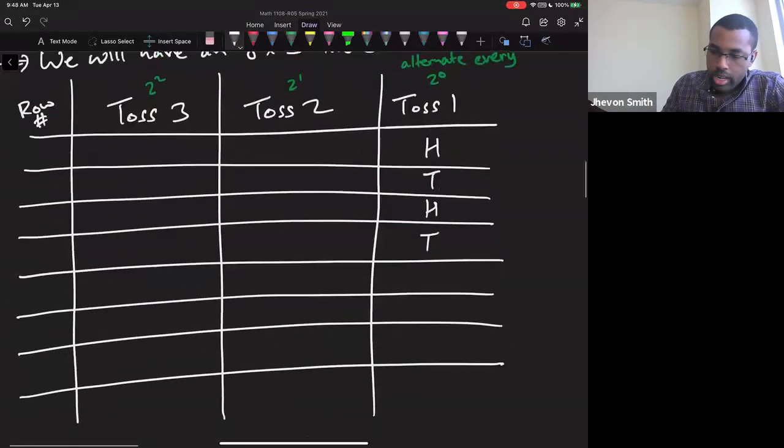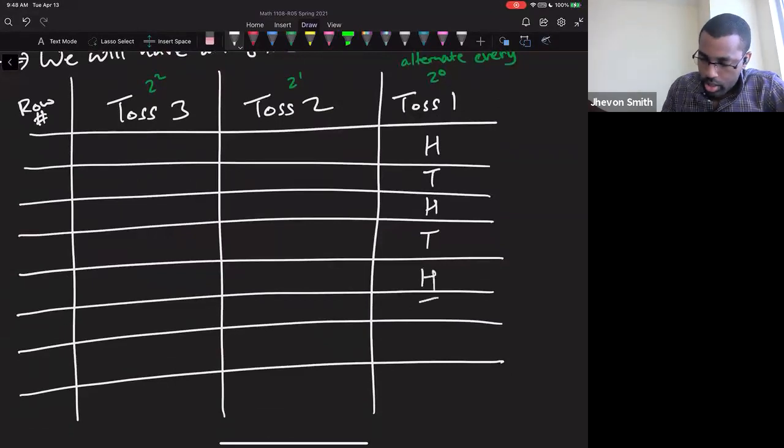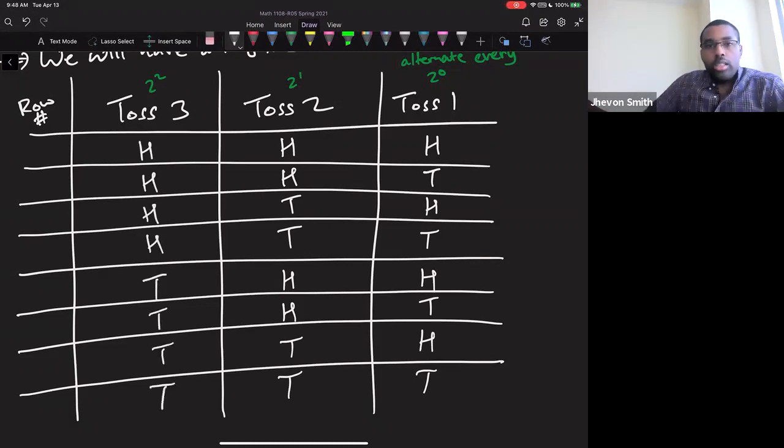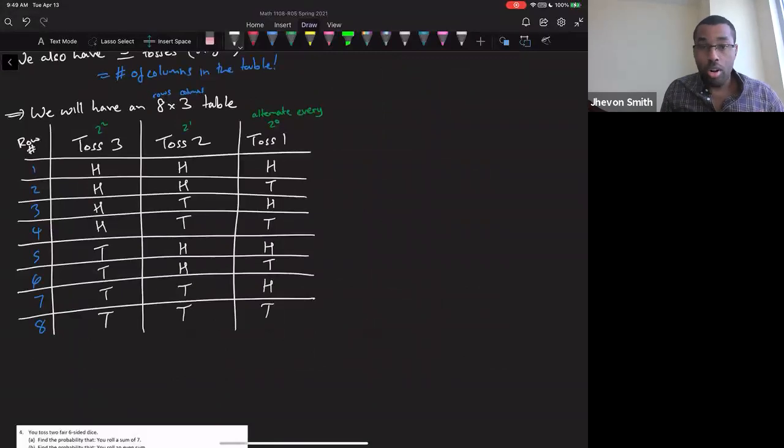So we alternate every 1 over here, H, T, H, T. You alternate every 2 over here, H, H, T, T, H, H, T. Alternate every 4 over here, H, T, until you exhaust all rows. So this is going to be row 1, 2, 3, 4, 5, 6, 7, 8. 8 rows. Okay. So this is the table, and you can essentially answer all problems from this table.